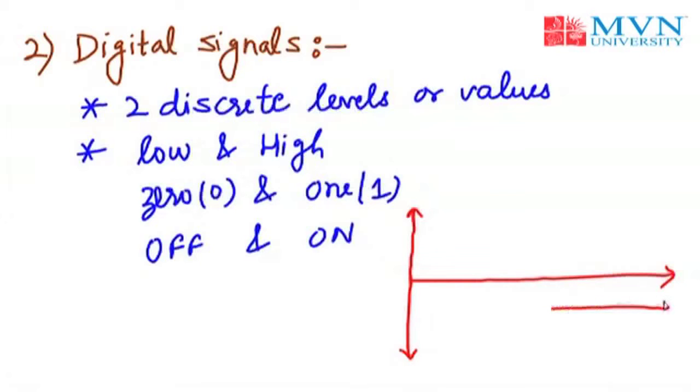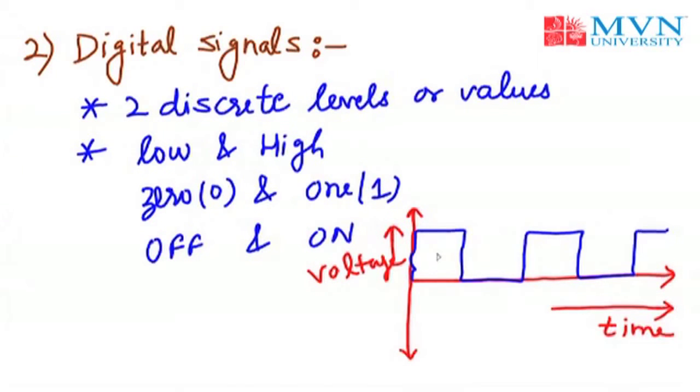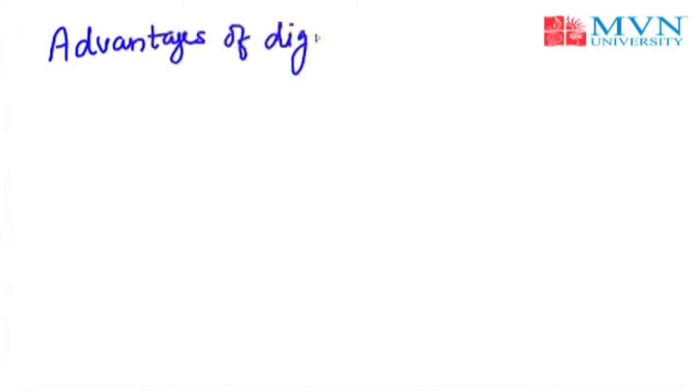Similarly, if we take time on the x-axis and, say, voltage on the y-axis, a digital waveform can be shown as we can see here: the value is 1, here the value is 0, here 1, here 0, and again here 1. And we can replace this 1 by high or on state, and this 0 by off or low state.